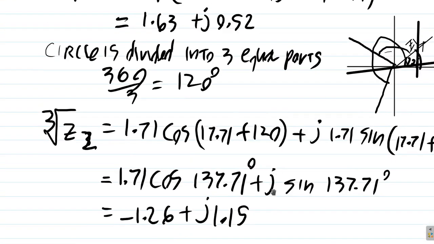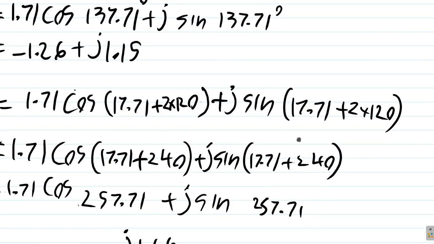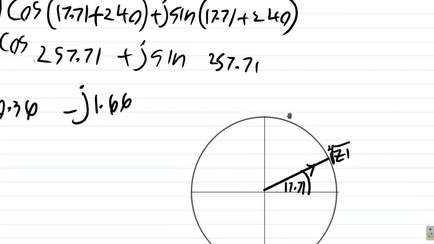Where is cube root Z2? The second one. Negative 1.26 plus j 1.15, something like that.